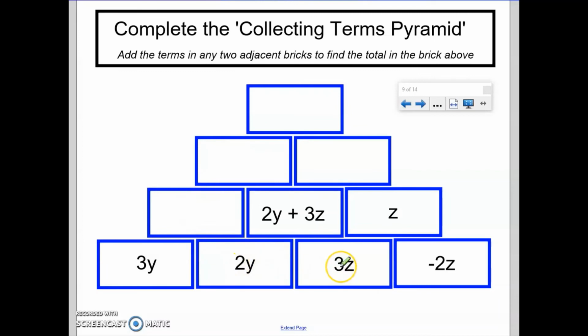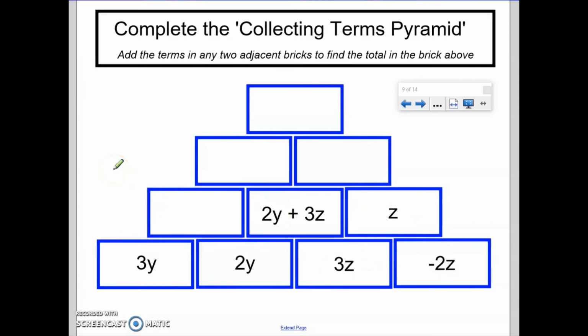2y, add 3z. When we add them together, they're different letters, so we can't put them together, but we can write them as the expression 2y plus 3z. 3z is going to be added to the adjacent brick here. So 3z add negative 2z would just be 1z.